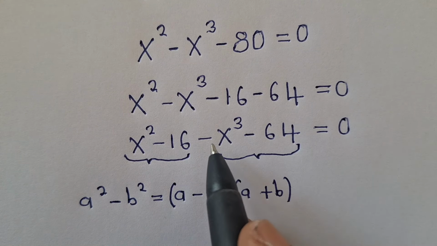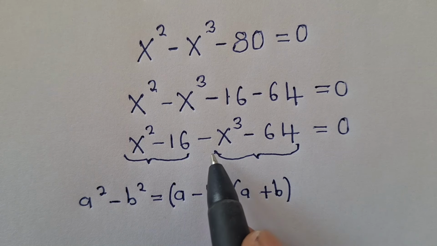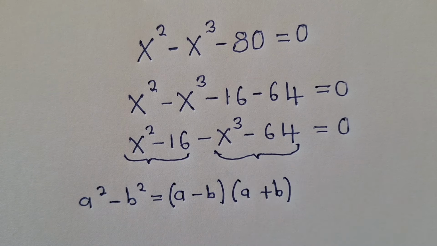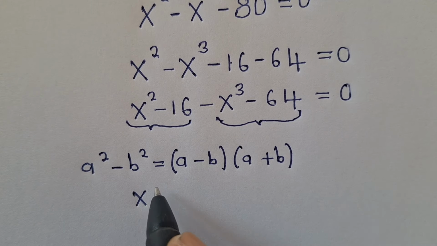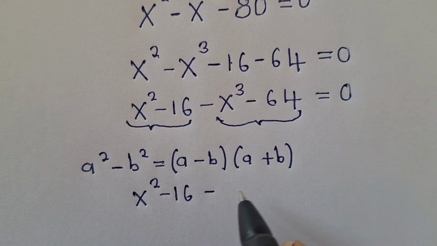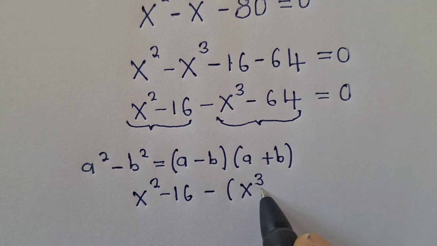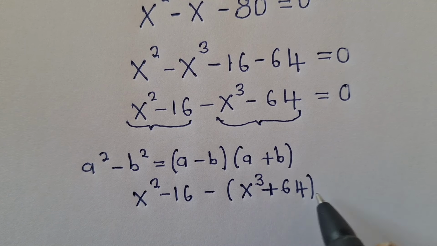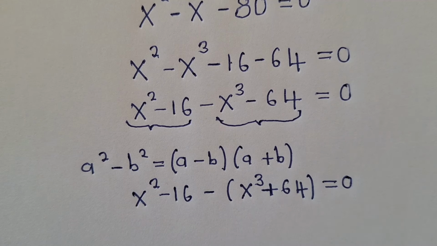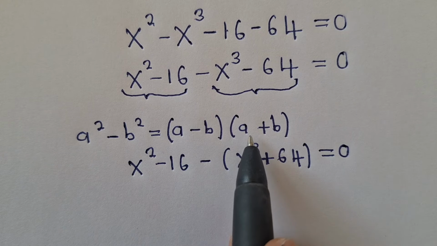For this other one, we'll come and factor out the negative sign. So negative and negative will be factored out, and we'll remain with a positive. So let me just write it so that we see what I'm talking about. x^2 - 16 - (x^3 + 64) = 0. Okay, so this is where this property will be applied.